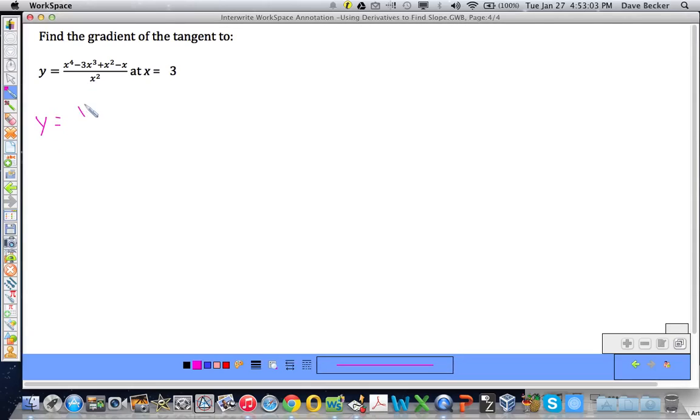This is equivalent to x to the fourth over x squared minus 3x cubed over x squared. We're going to divide each term by x squared here, plus x squared over x squared minus x over x squared.